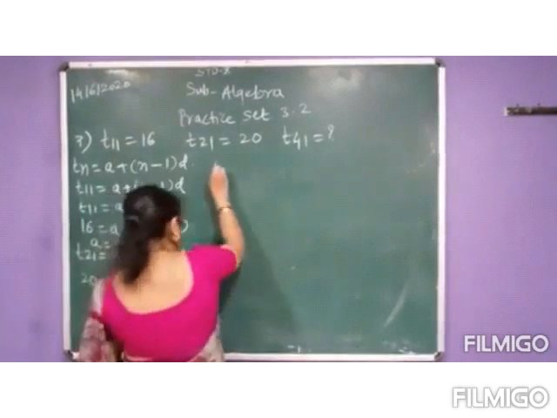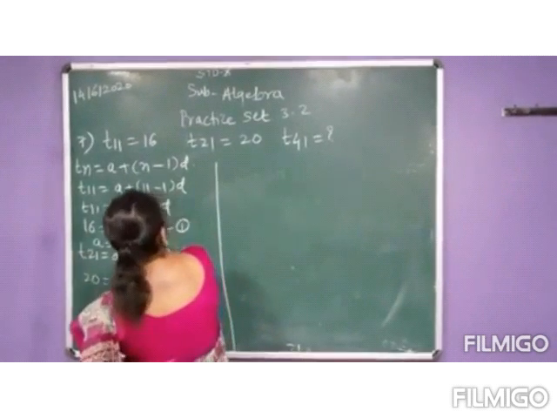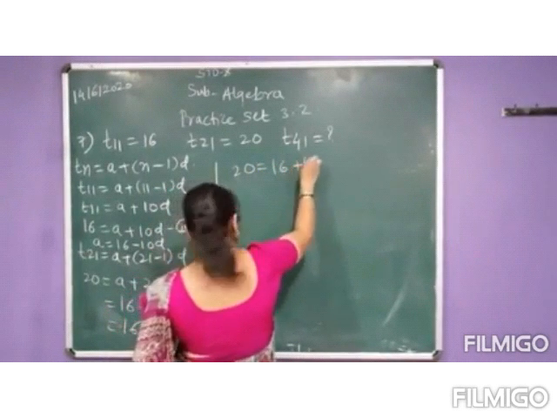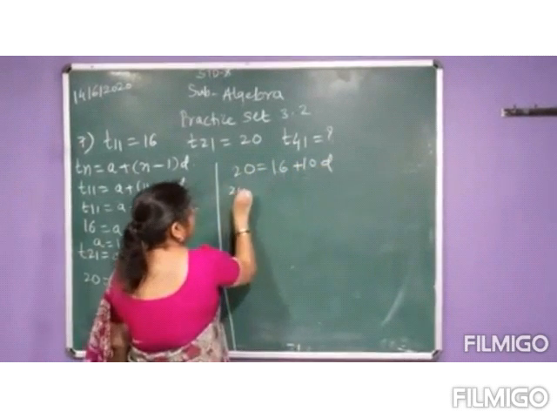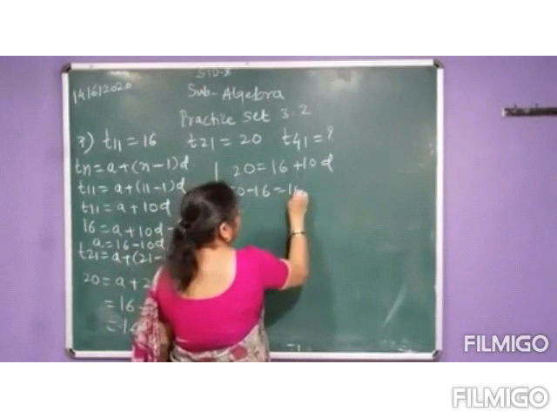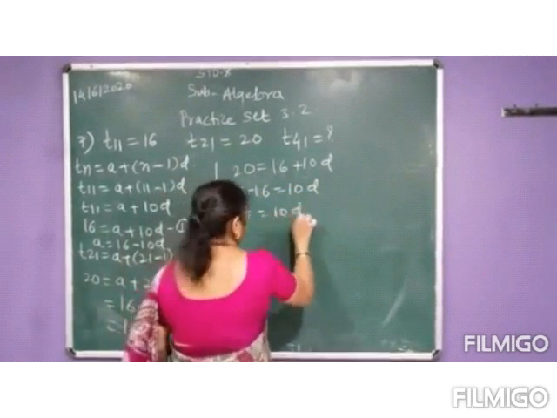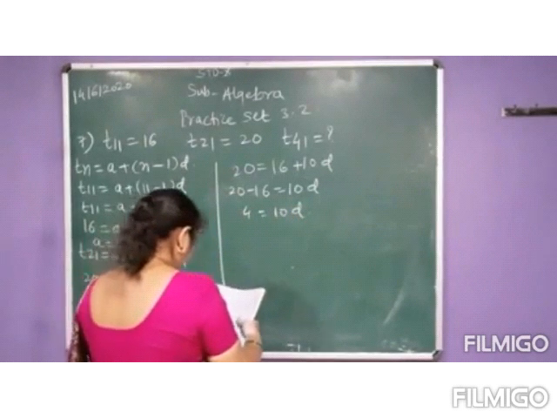And this is 20, correct? 20 is equal to 16 plus 10D. 20 minus 16 is equal to 10D. That is, 4 is equal to 10D.